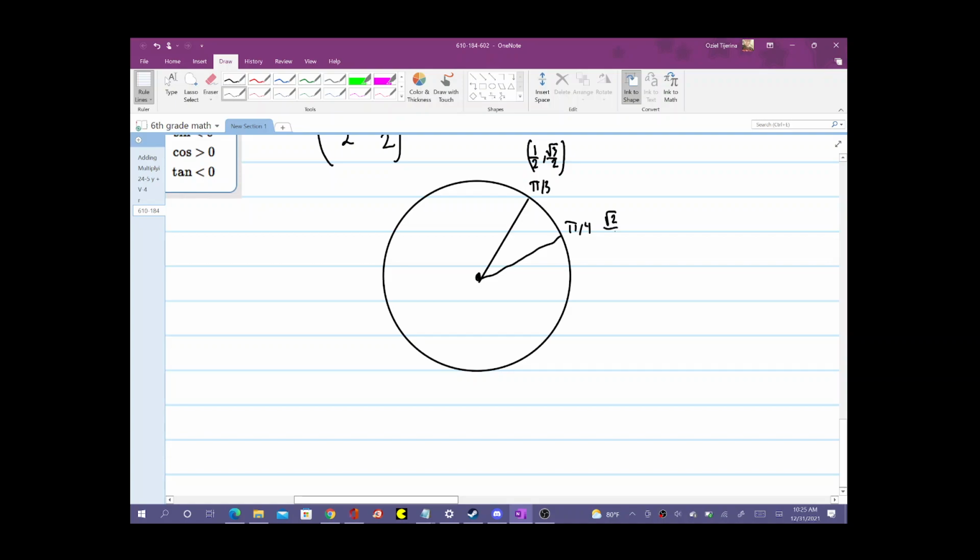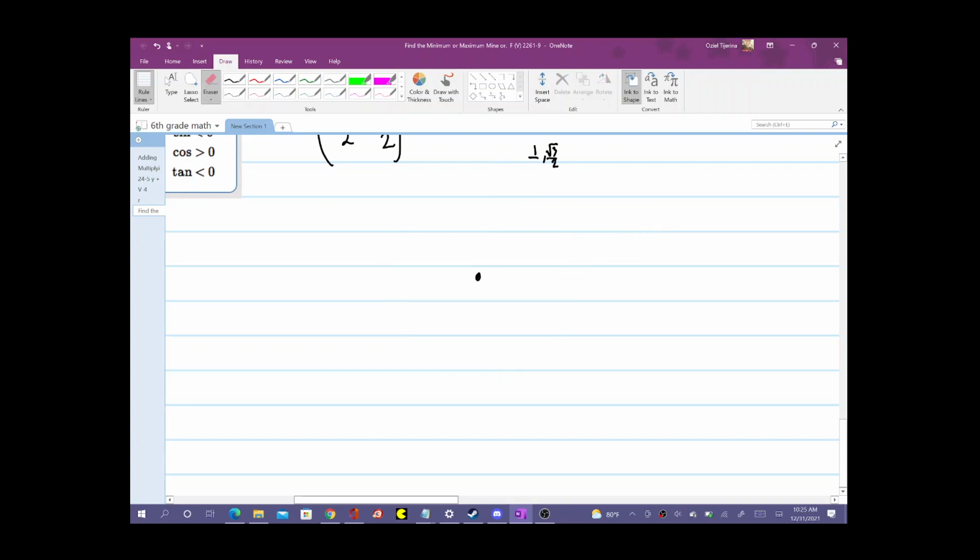This is square root of 2 over 2 comma square root of 2 over 2. Actually, give me a second. Pi over 3 is actually right here. I'm drawing it really crappy. Give me a second, guys.